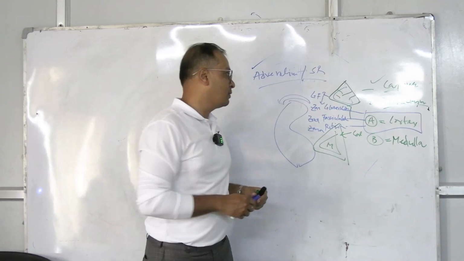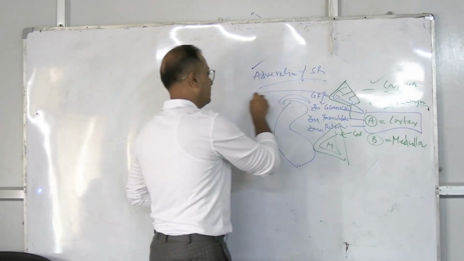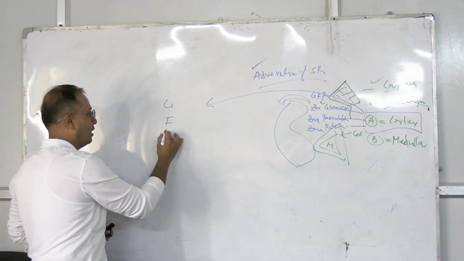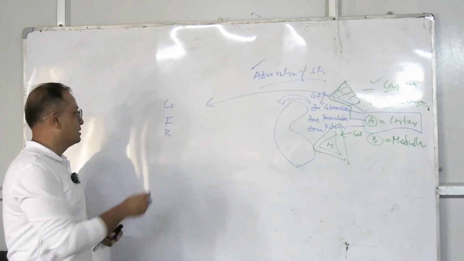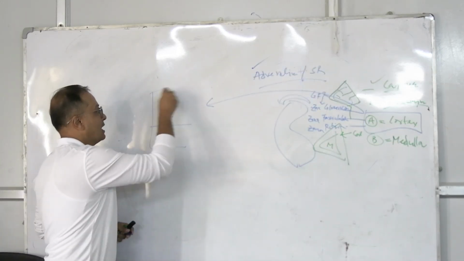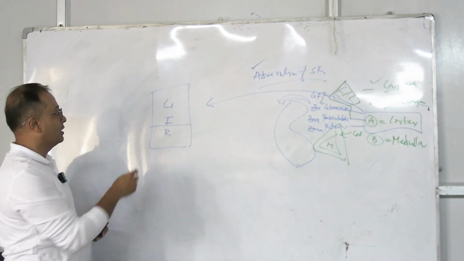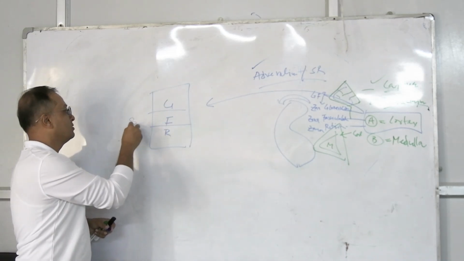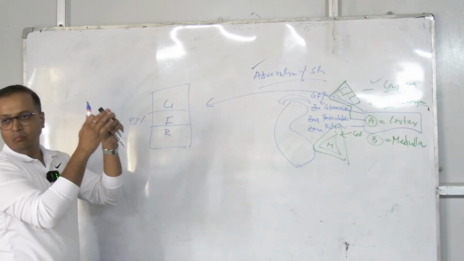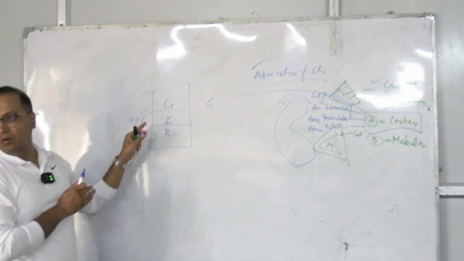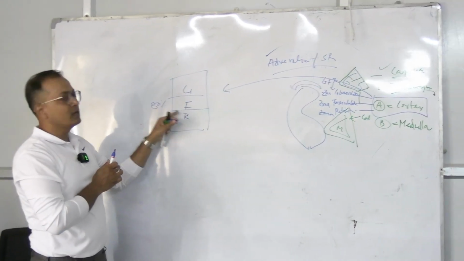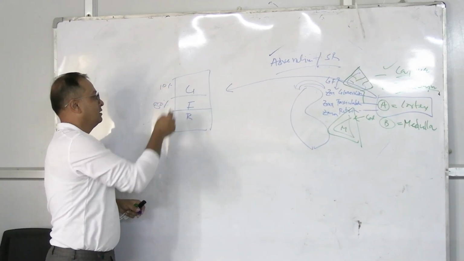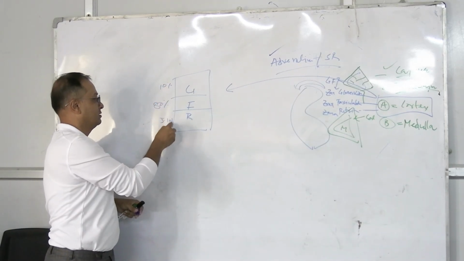So out of these layers G, F and R, if you take the whole content of this cortex, the F content, which is fasciculata, is taking the most of the load. That means 80% is fasciculata, glomerulosa is 10% and reticularis is 5 to 10%.